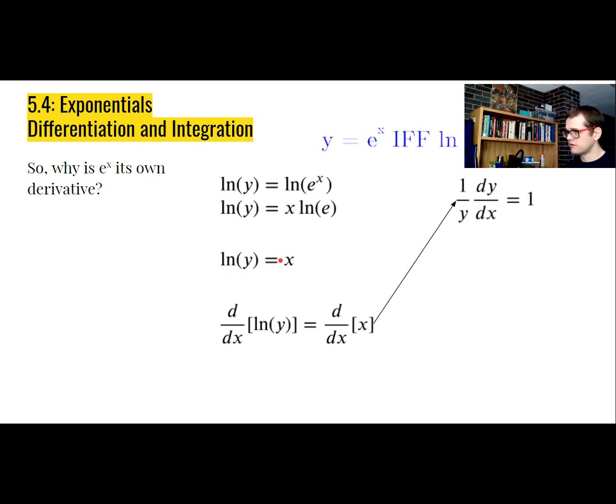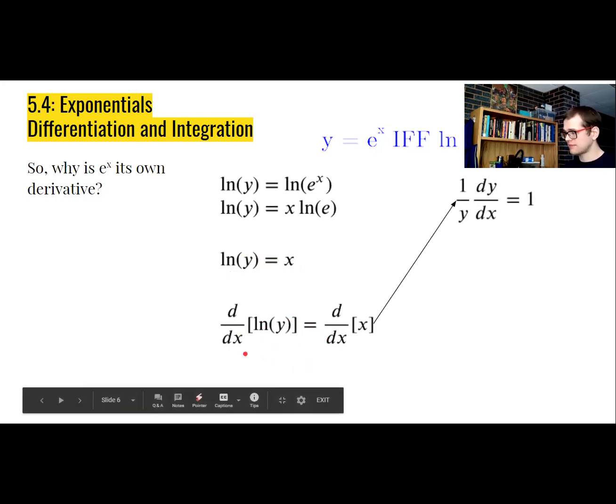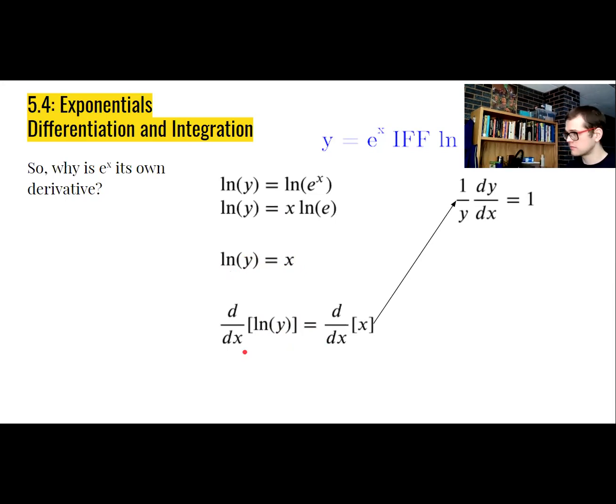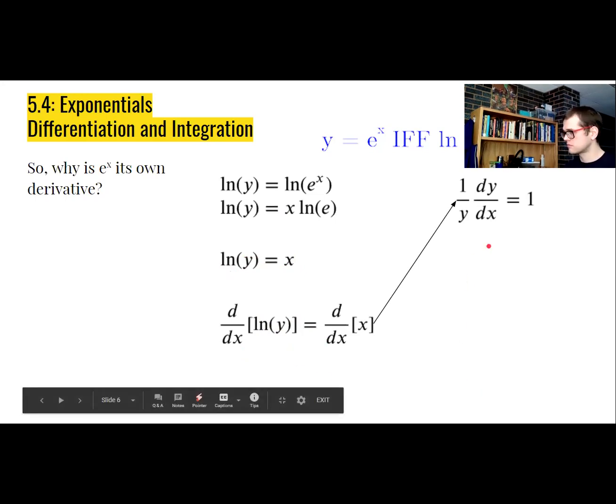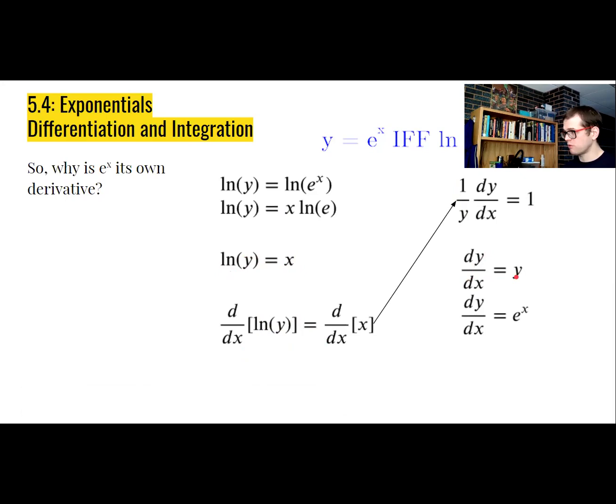This side is 1 over y times dy dx, because we're taking the derivative with respect to x. But the derivative of x with respect to x is just 1. Which means we can multiply by y to get dy dx. But y, right from here, is e to the x.